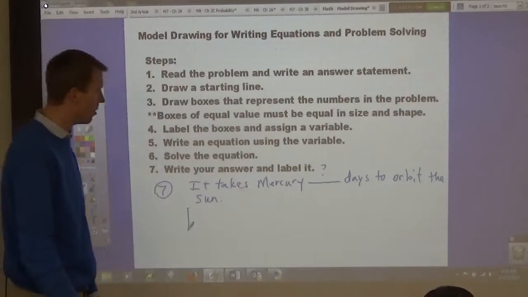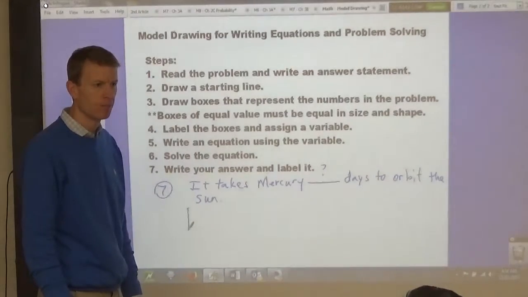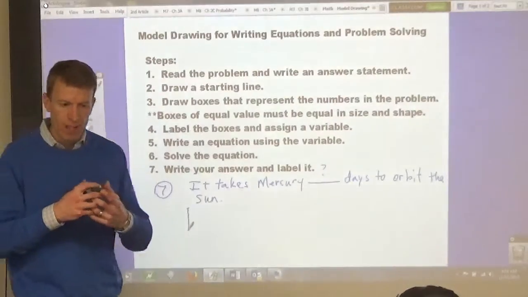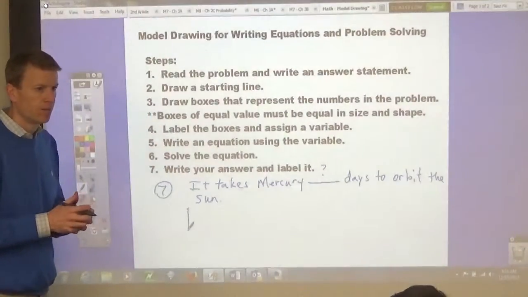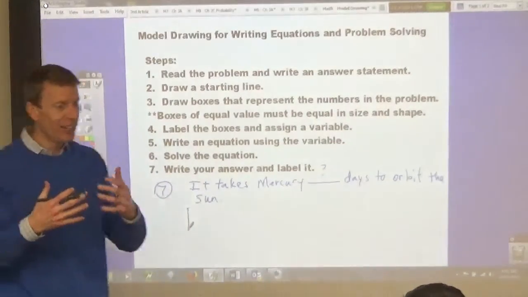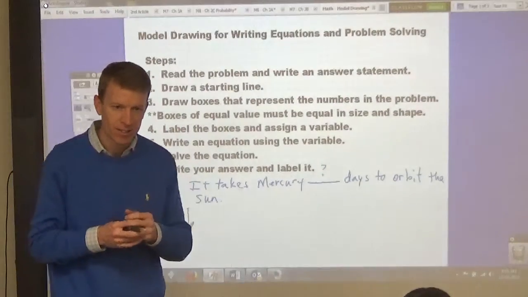So where do we put those? What do we do with those? You got to go back and reread the question. Figure out what those numbers mean. So go ahead and do that. Reread the question and figure out what those numbers mean.